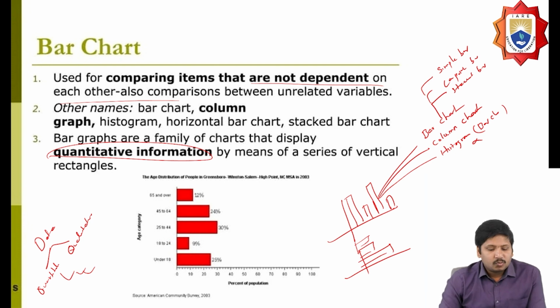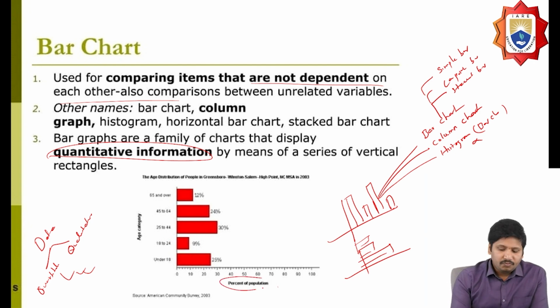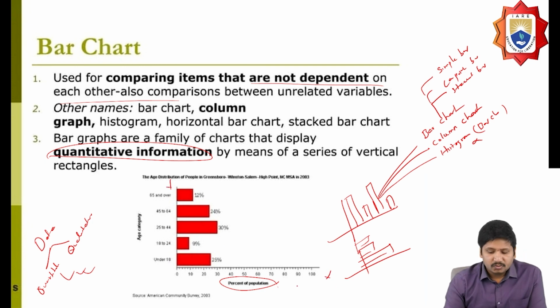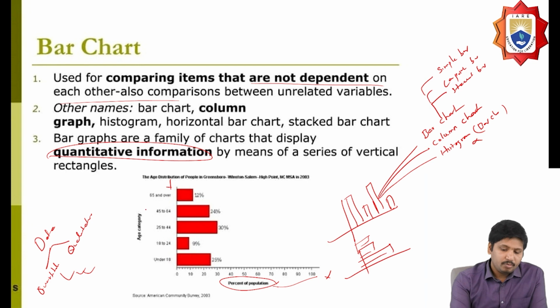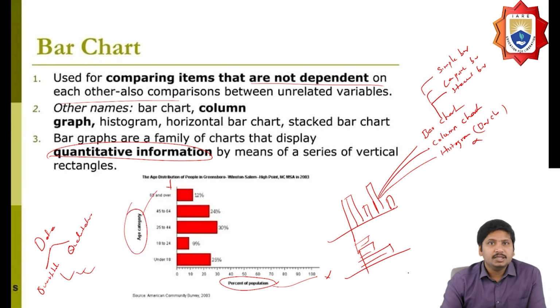For representing quantitative data, we have a graph like the bar chart, with an x-axis and y-axis. In the x-axis, we represent the dependent variable, and in the y-axis, the independent variable.